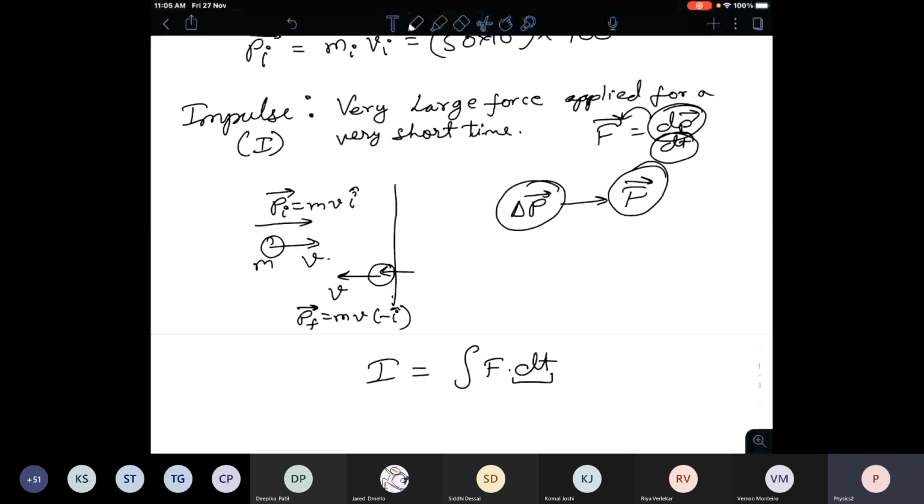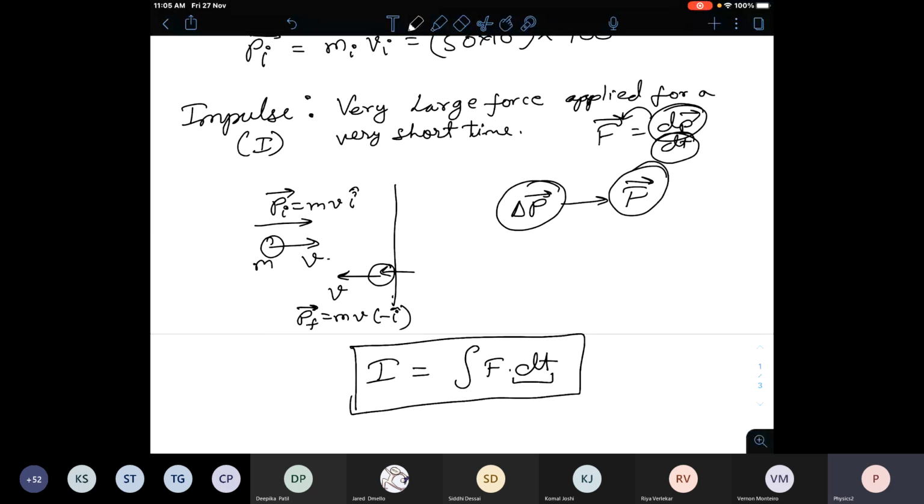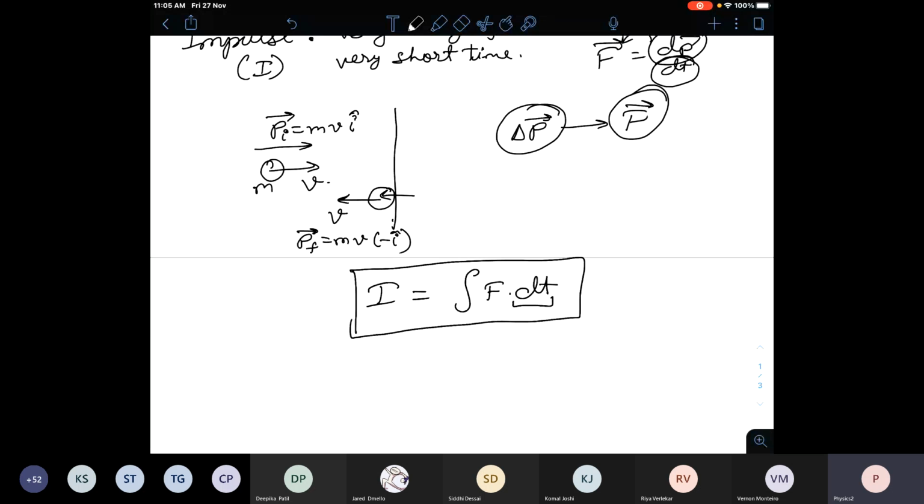This is how impulse is defined. Integration of F dt. Now from the basics of integration, we know that integration F dt also represents the area under the F-t graph.